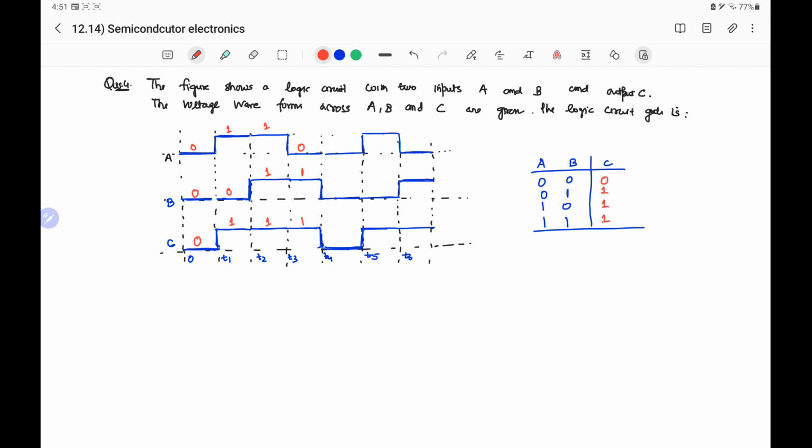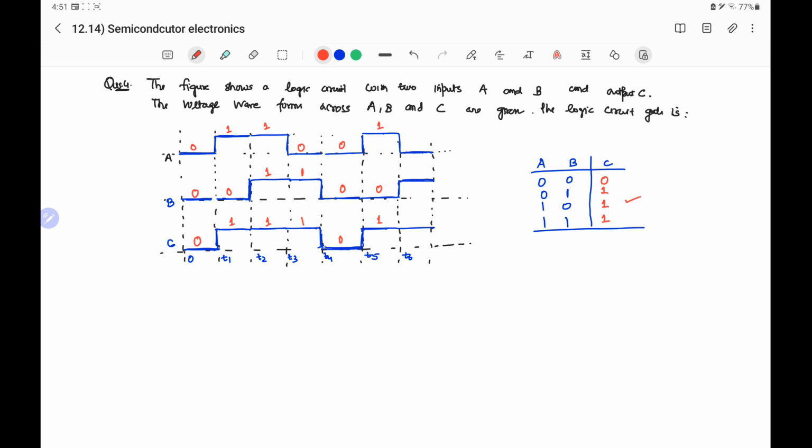Again we can see further the values given for T4 to T5: it is 0 for B, 0 for C, which is similar to input 0, 0 and output 0. For T5 to T6, input A is 1, input B is 0 and output is 1. So 1, 0 is 1, it is again verified.